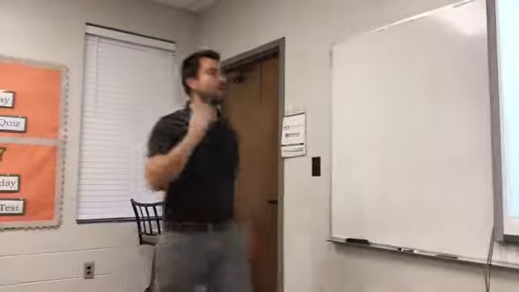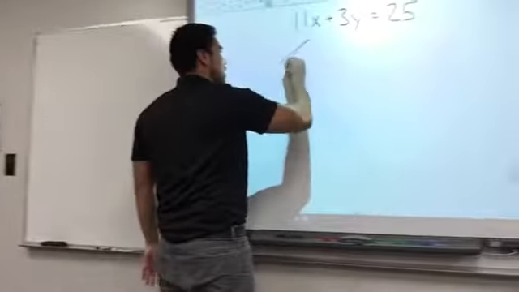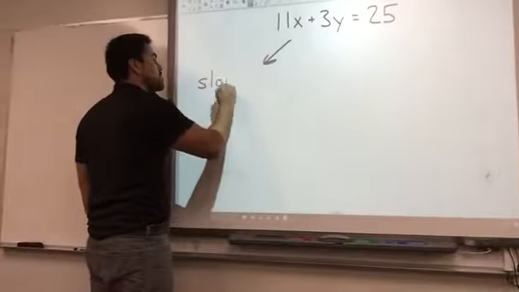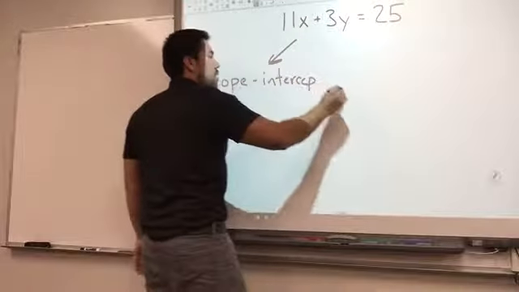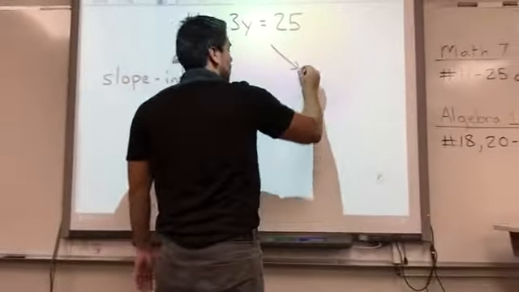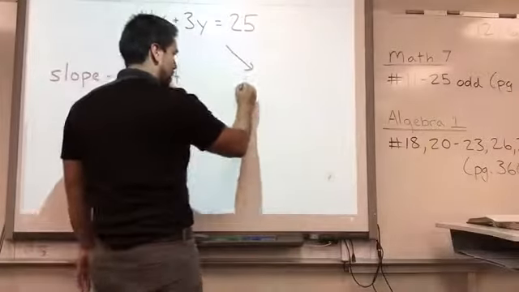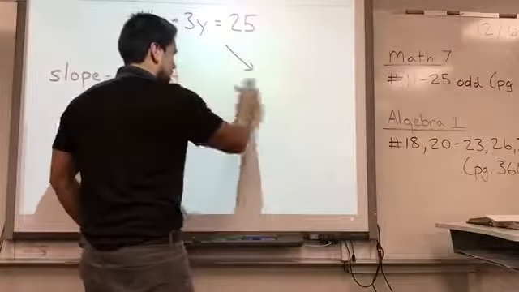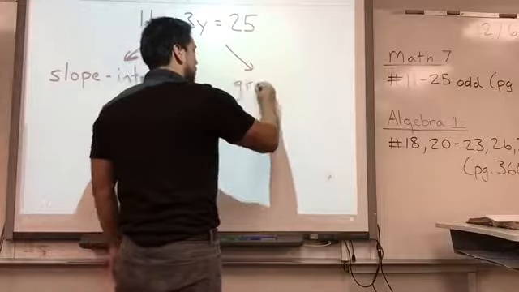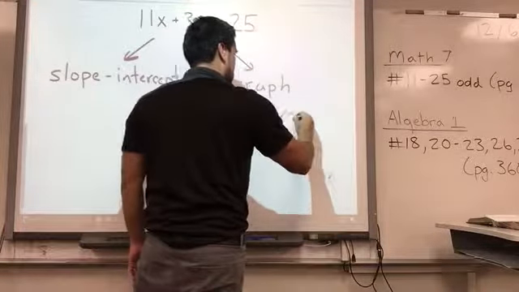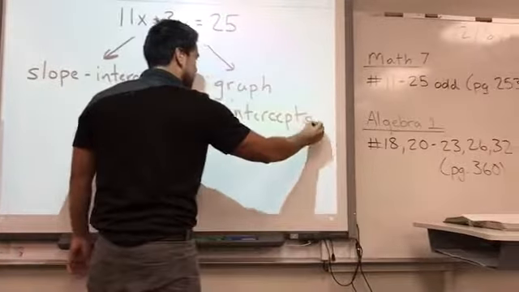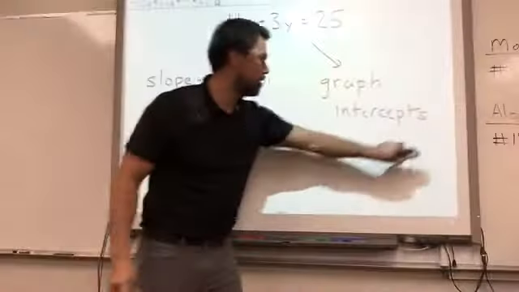From standard form, I'm going to go 2 routes. I'm going to go into slope-intercept form. Or into the form we're going to look at more predominantly. Graph or graphing intercepts. How many intercepts does a typical line have? 2.